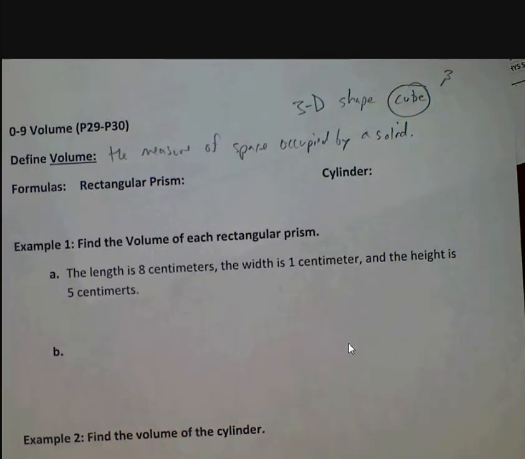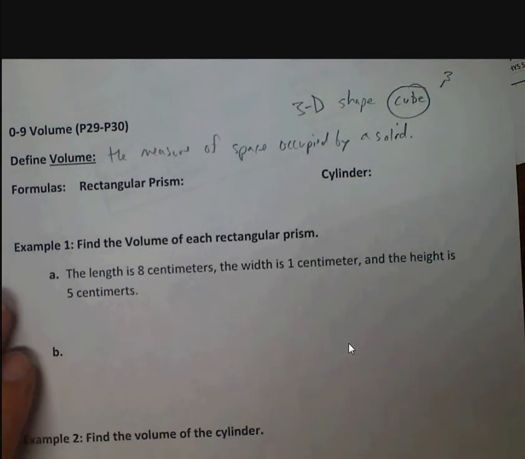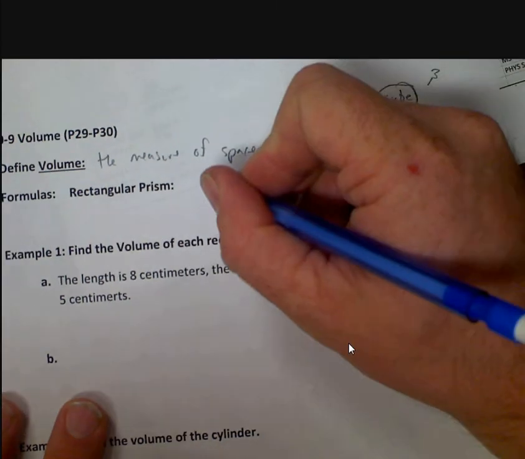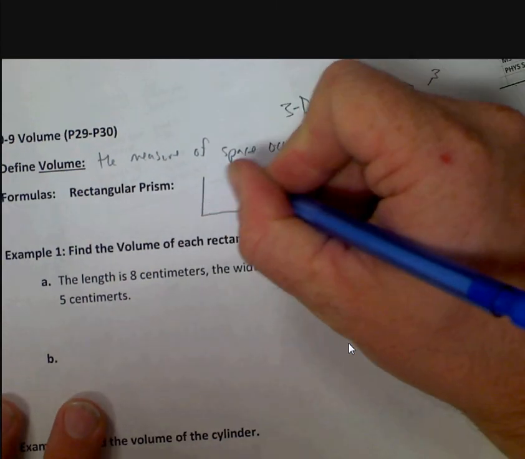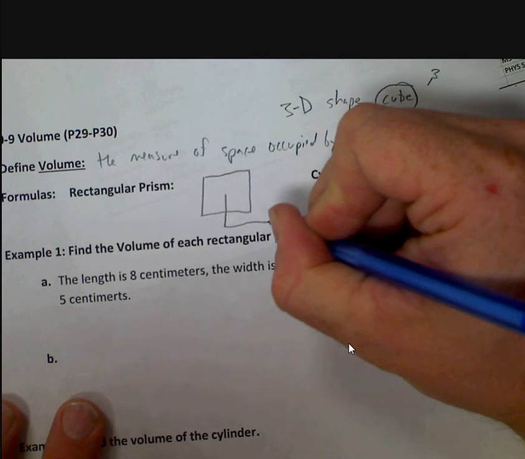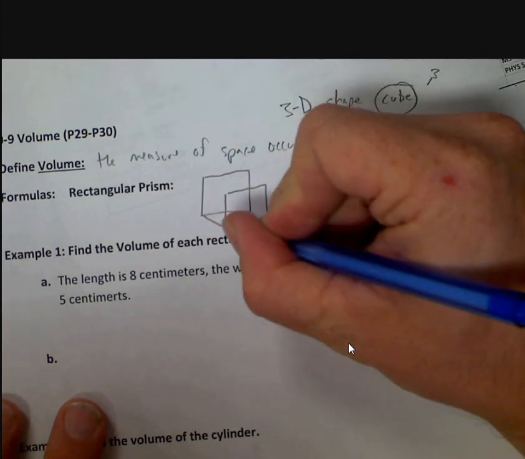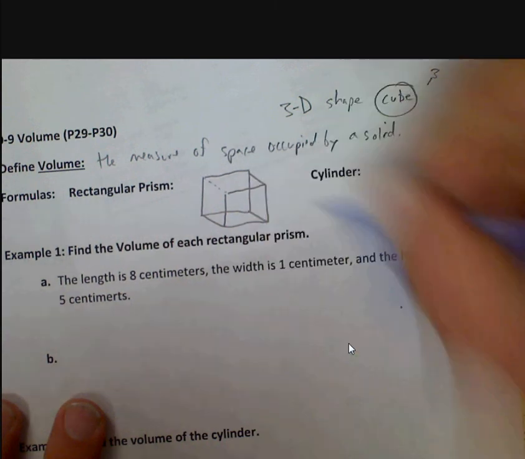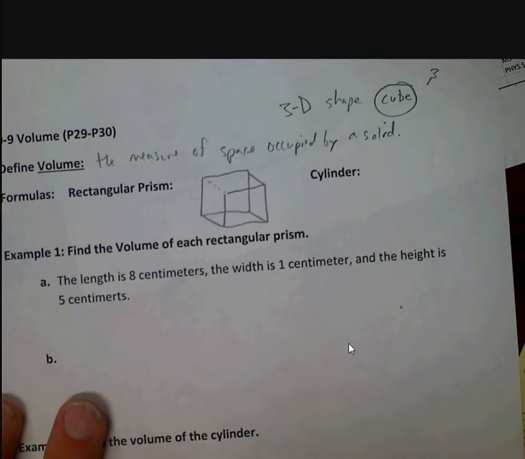So let's go ahead and look at a rectangular prism. A rectangular prism is a 3D rectangle. Here's what it looks like. It is a 3D rectangle.